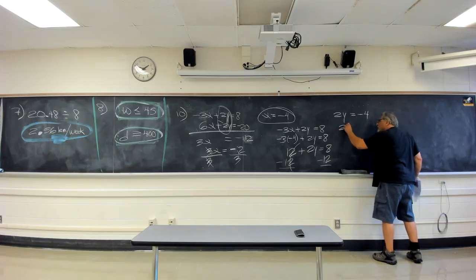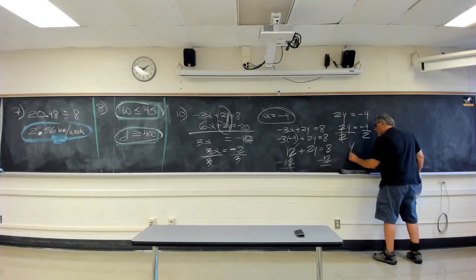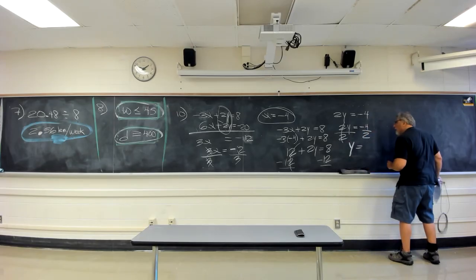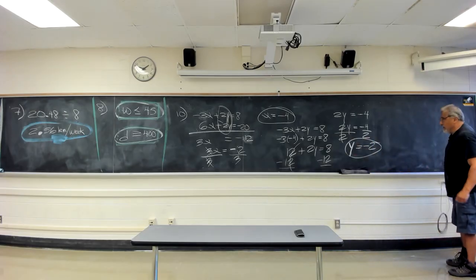That doesn't matter too much. And you got to here. Divide by 2 on each side. Negative 4 divided by 2 is negative 2.